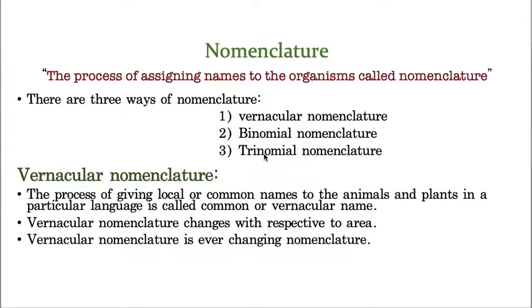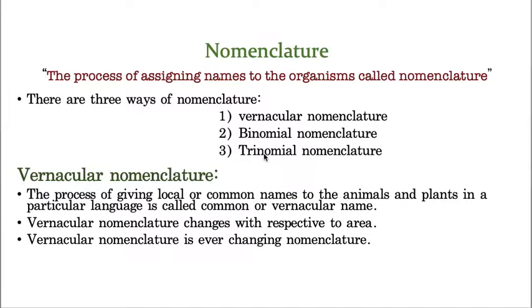Identification means if you find one organism which you don't know anything about, then you take this newly identified organism and start comparing it with previously existing organisms which you actually know.